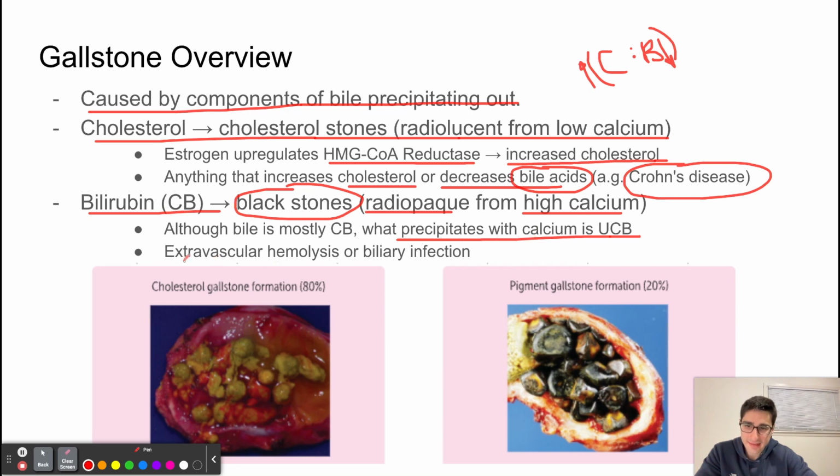Now, anything that can cause extravascular hemolysis or biliary infection can increase the likelihood of patients developing bilirubin stones because this is going to increase the breakdown of red blood cells. And remember, when we increase the breakdown of red blood cells, we're going to get higher levels of unconjugated bilirubin. And then unconjugated bilirubin can form an insoluble complex with calcium to precipitate out of the solution to form stones.